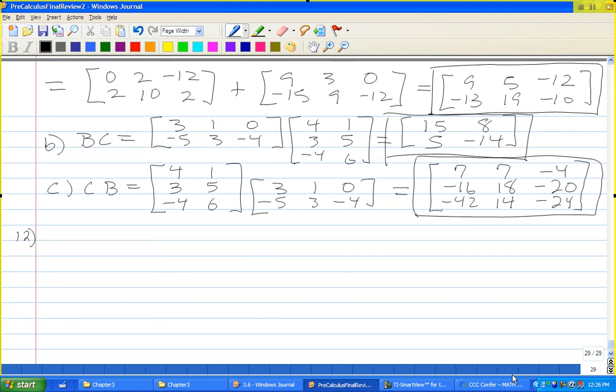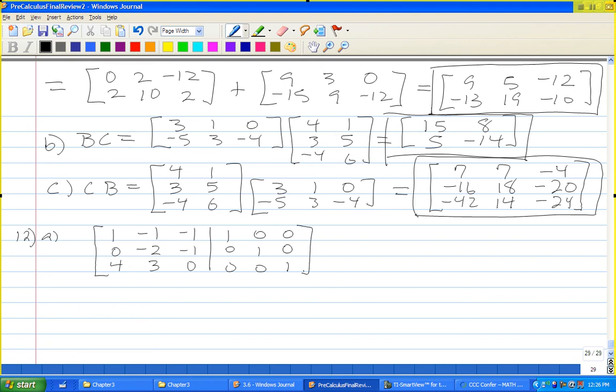Okay, 12. Given this non-singular matrix, A, find the inverse. So let's just write down this matrix, right next to it an identity matrix.